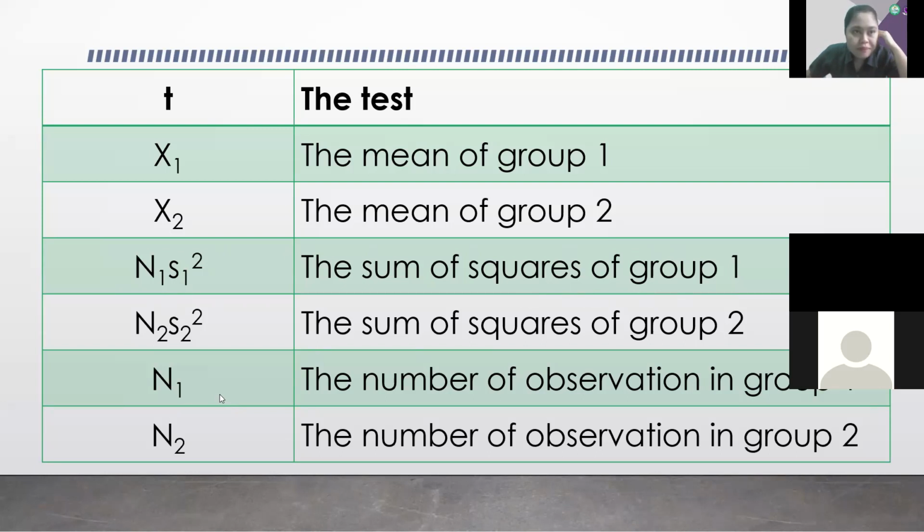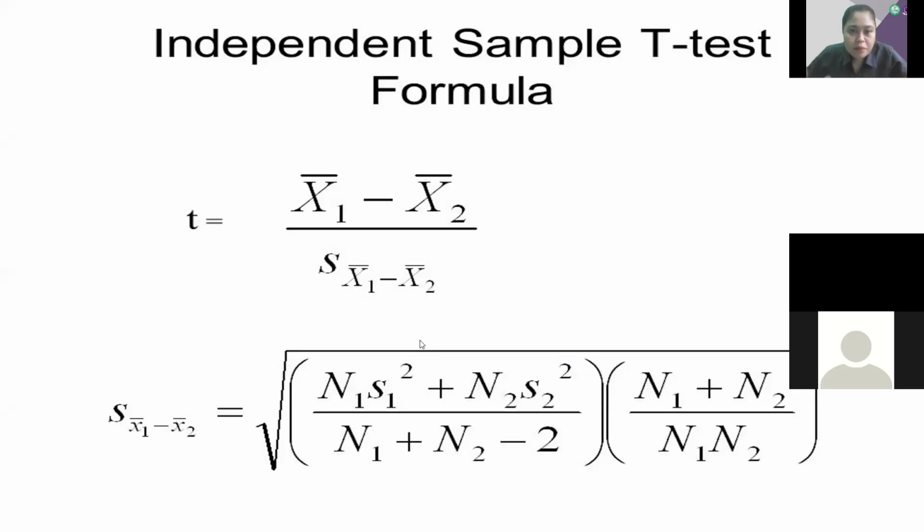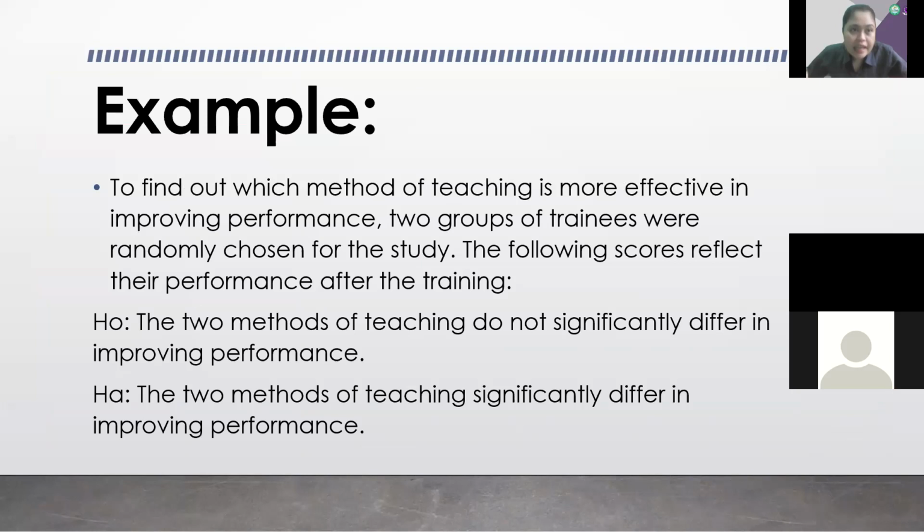N1 is the number of observations sa group 1. So kung meron kang 10 respondents sa group 1, then the n will be 10. And n2 is for the group 2. Again, that's the sample size. Yan yung ating formula for the independent sample t-test.